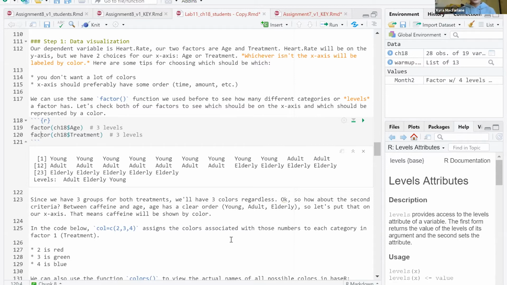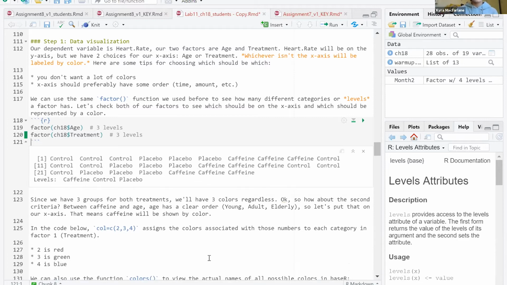Let's look at chapter 18, treatment. So the treatment column. Looks like we have these printouts, and then we have caffeine, control, placebo. So again, we have 3 levels. That doesn't really help us decide on the color front, because regardless, we're going to have 3 colors. So the second criteria, our x-axis should preferably have some sort of order.